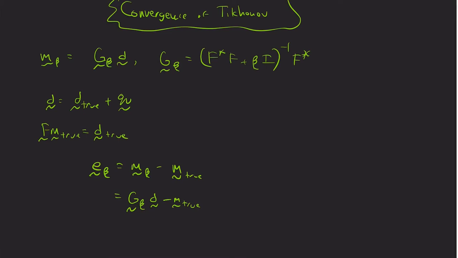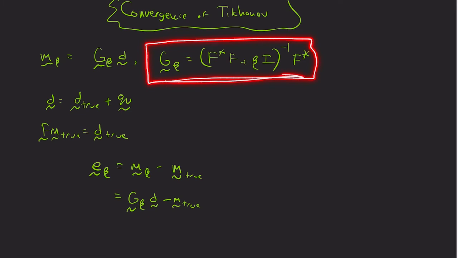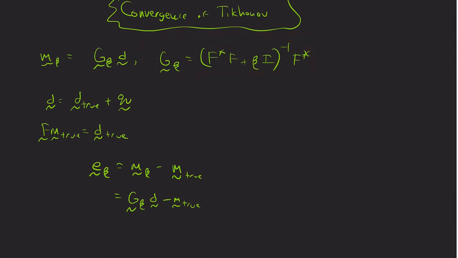Hi everyone. So in this video we're going to show that Tikhonov regularization converges in the small noise limit. So I'm going to call m beta, and I'm going to find g beta as this normal equation that we had from the previous video, getting its inverse.